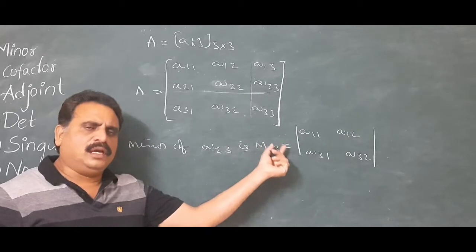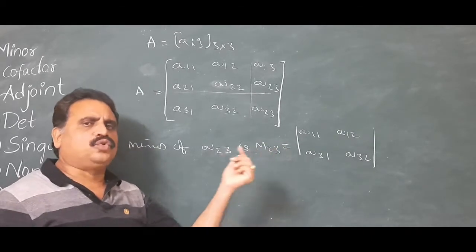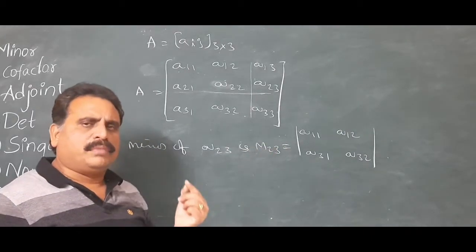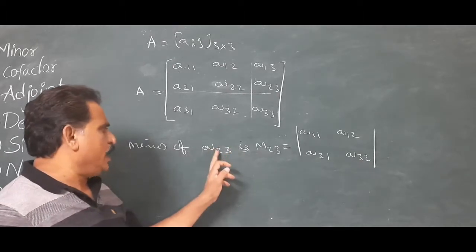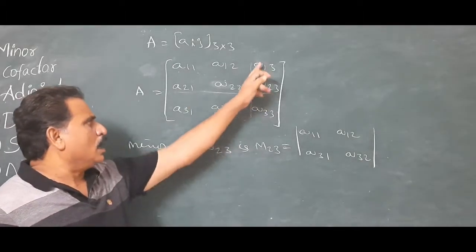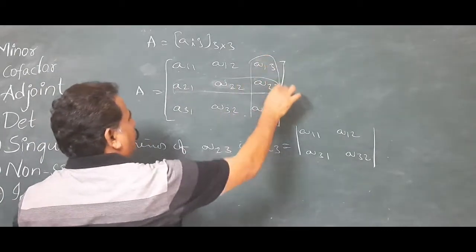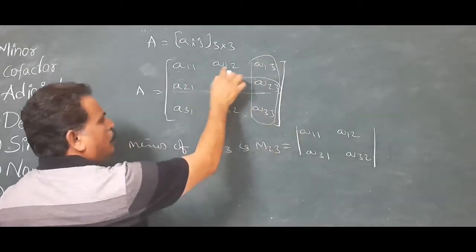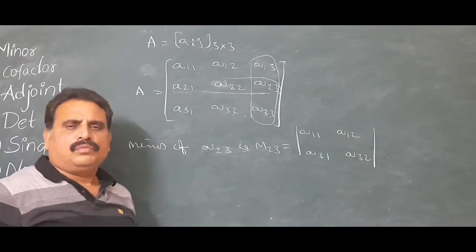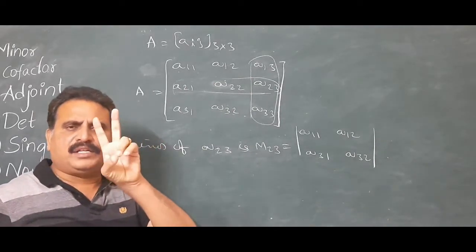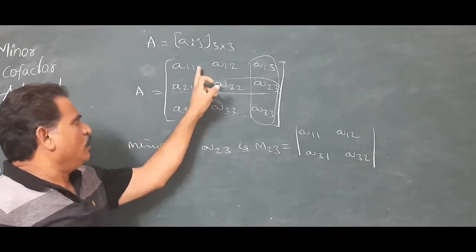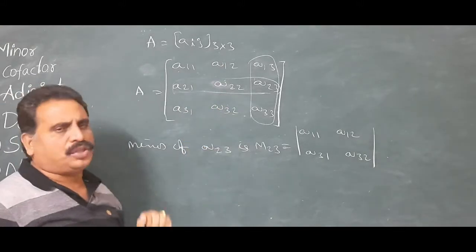M23 is equal to the determinant of the 2 by 2 matrix obtained by eliminating second row third column. After eliminating, we have 4 elements, that means a 2 by 2 matrix: A11, A12, A31, A32.